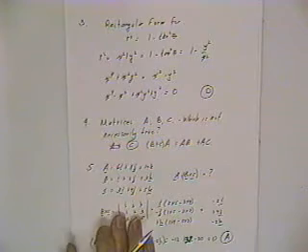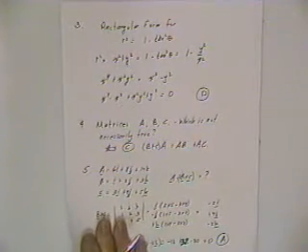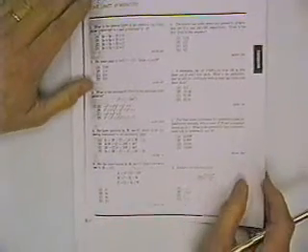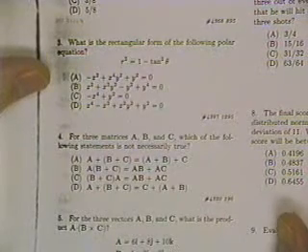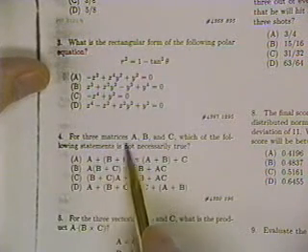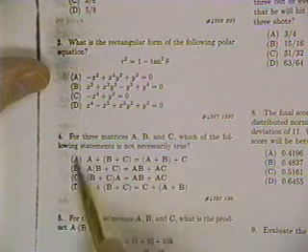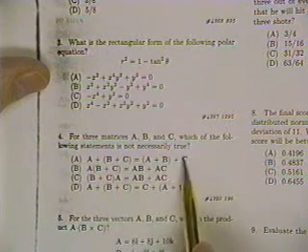Okay. The next one, number 4, I should have written out in separate form, but I didn't. This is one of those problems that solves itself very quickly. This is number 4. Slide it around here so you can get a good look at it. For 3 matrices, A, B, and C, which of the following statements is not necessarily true?